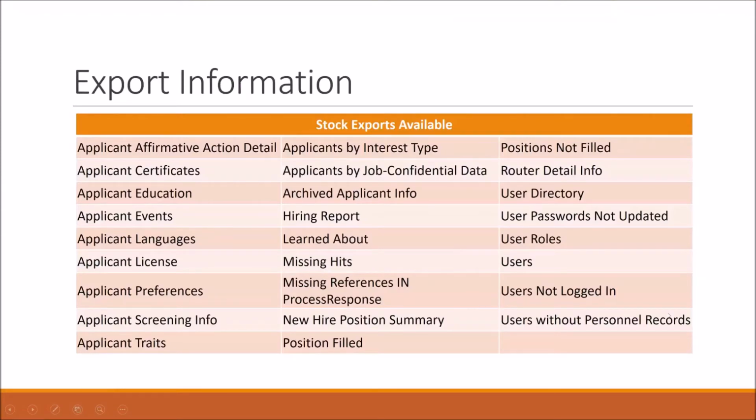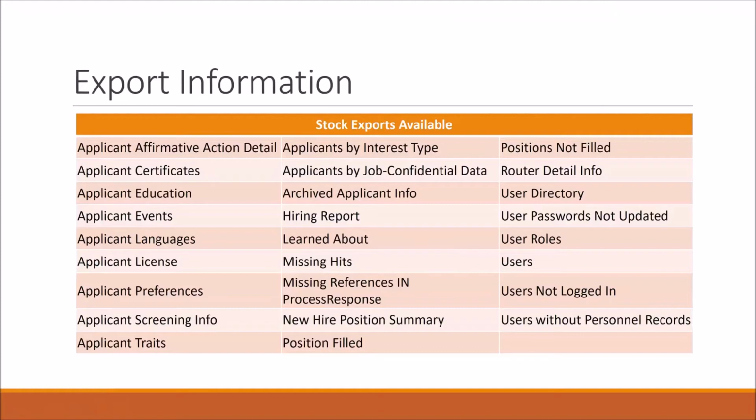So I listed there are 26 stock exports available on a JAS site, from affirmative action to user roles. You can look up applicants by their certificates, education, licenses, preferences, traits, confidential job data, how they learned about you.